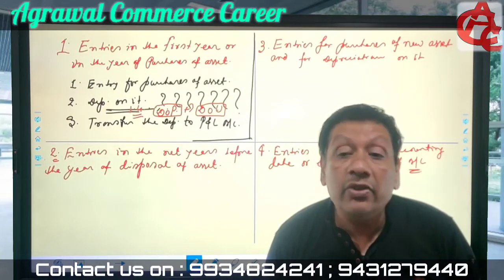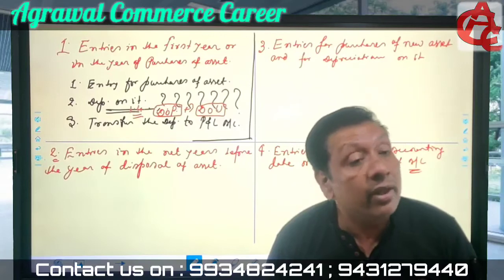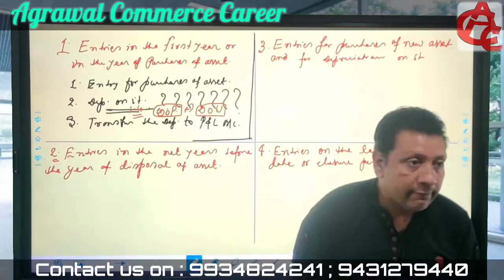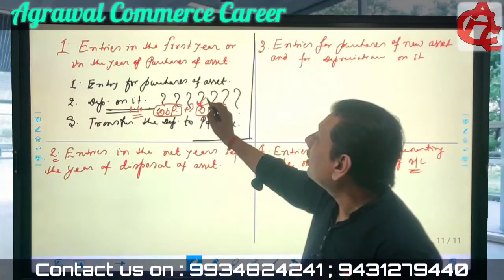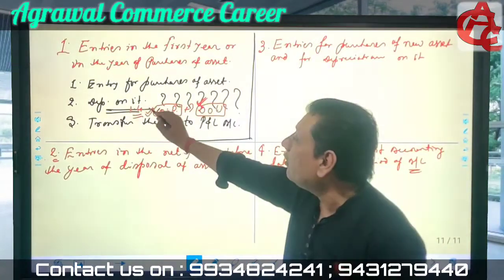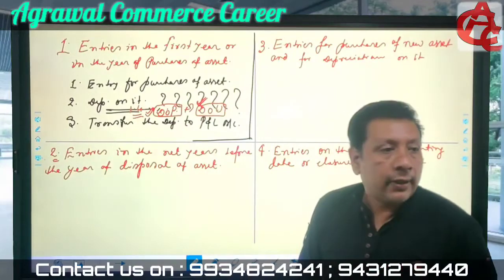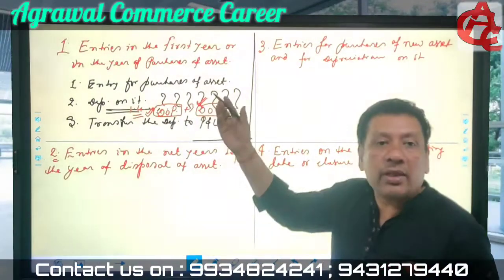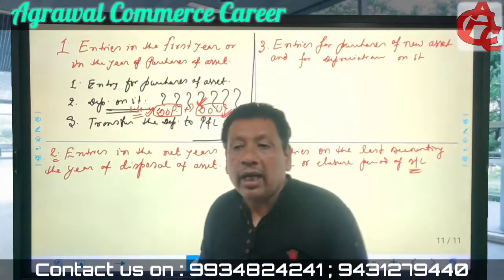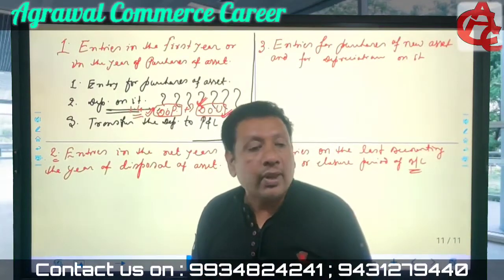From which date will you charge depreciation? When actual production begins, or the actual date of purchase? When actual use started or actual production begins from that asset, I would charge depreciation.